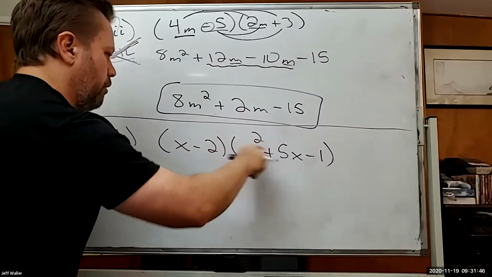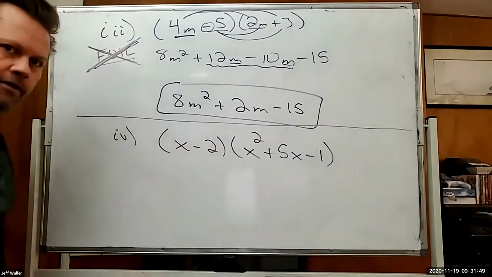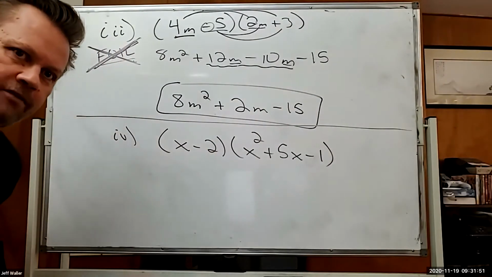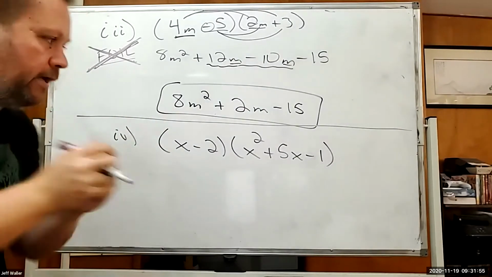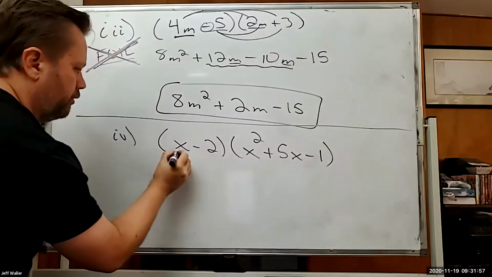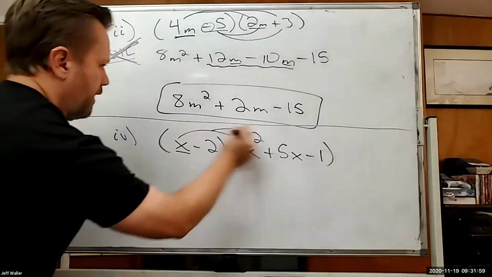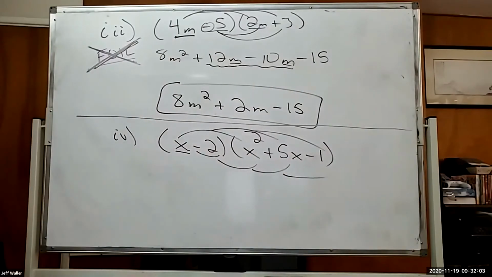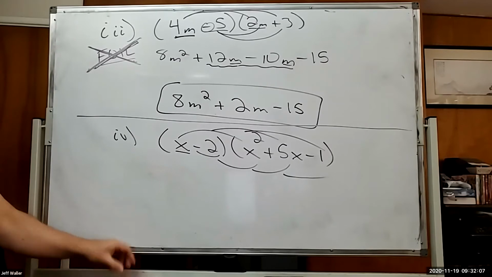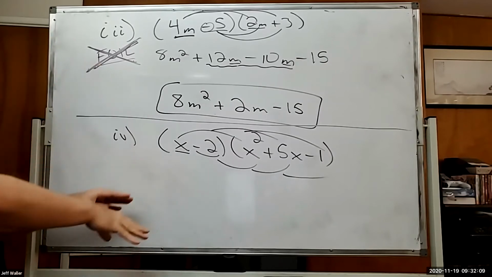It can't be just FOIL anymore. But we know better. I don't care how many terms I put there. Don't I just distribute the x, bam, bam, bam, and then distribute the -2, bam, bam, bam. So do it. Some of you guys are just looking at me. Do that.